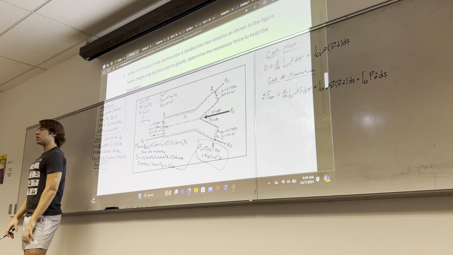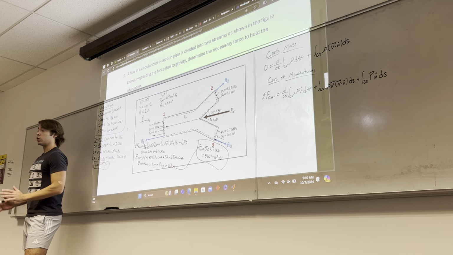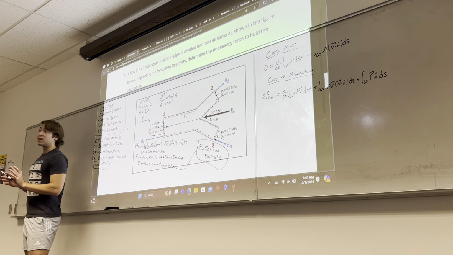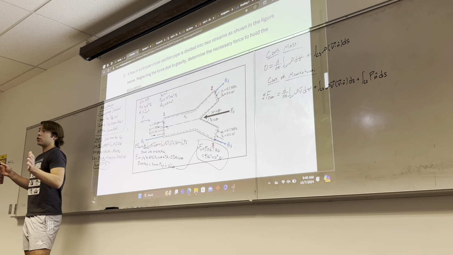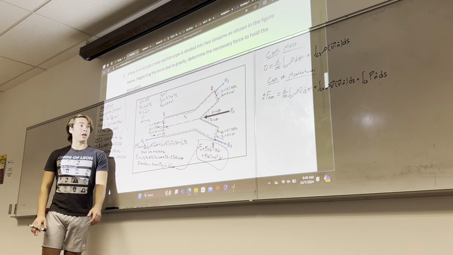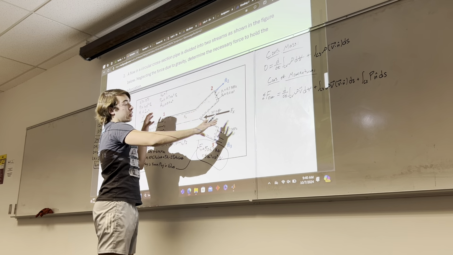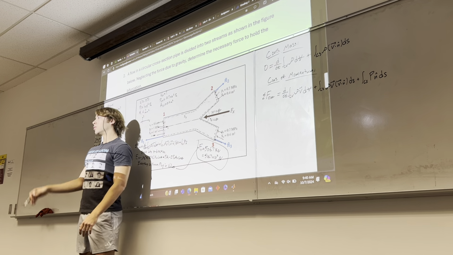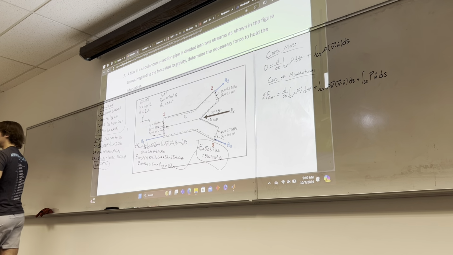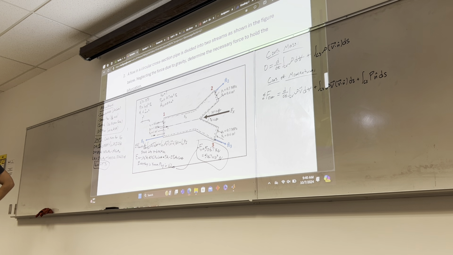I think it's nice to see different ways of going about doing these, because really, there are kind of an infinite number of ways to go about solving these, because you can pick whatever control volume you want. If you wanted to have a control volume that encompasses this whole entire thing, you could, it'd just be more complicated. So whatever sign convention you get comfortable using is more important, all right?